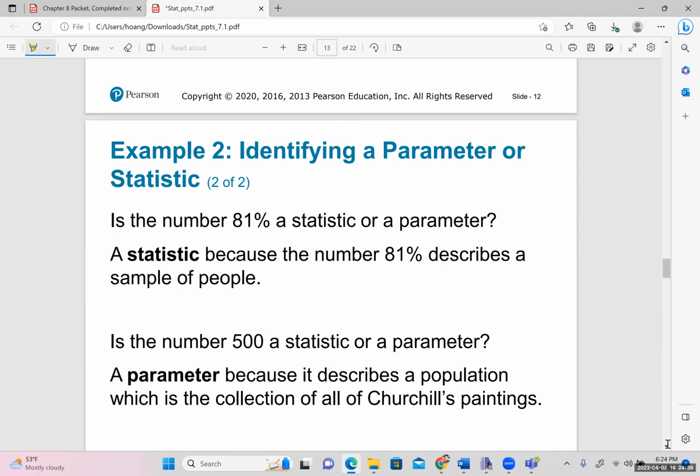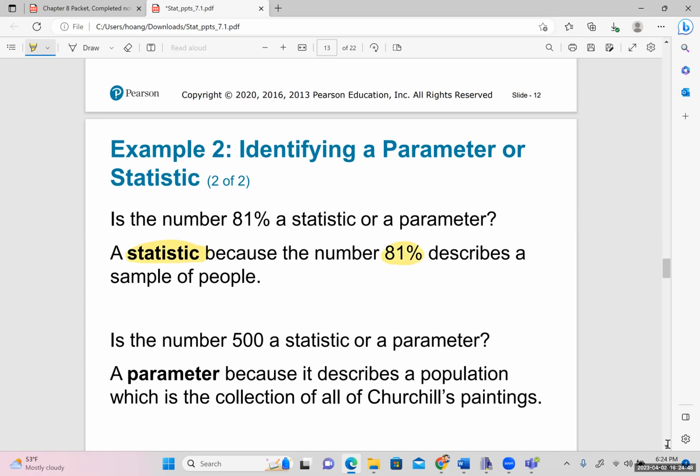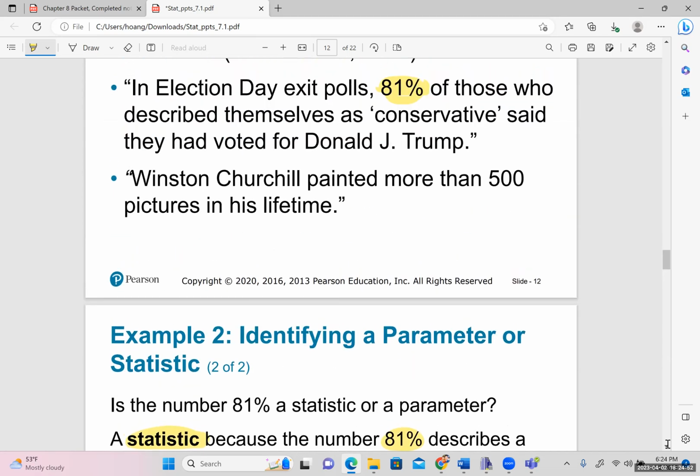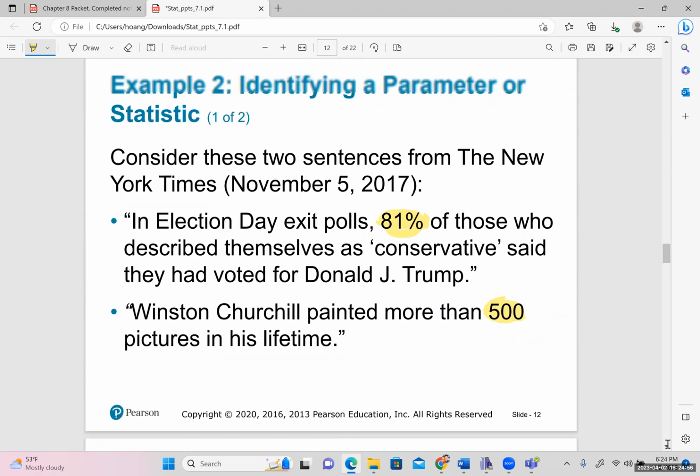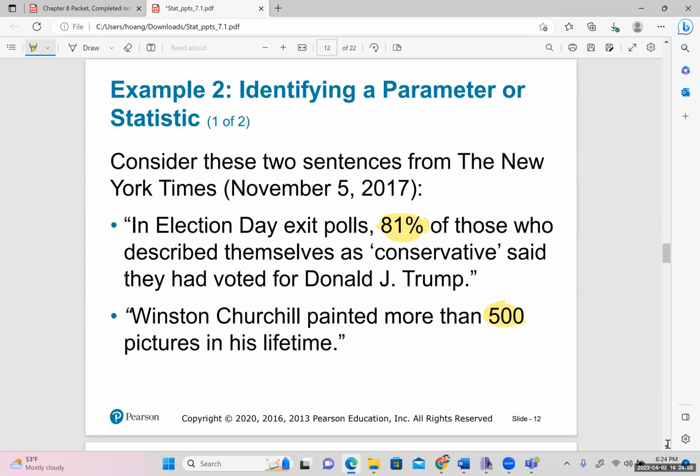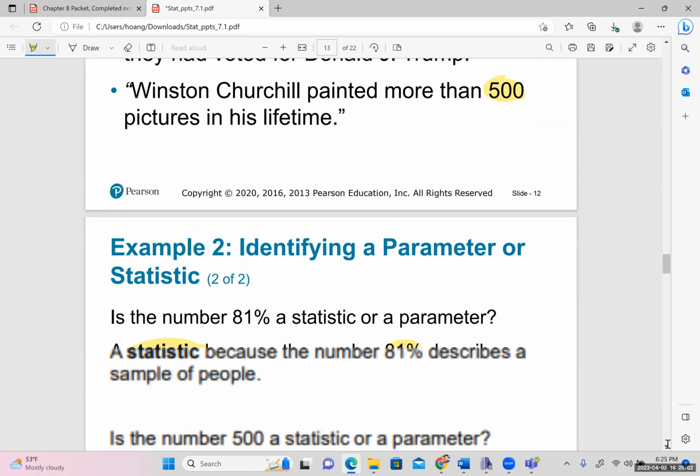Now, is the number in the second sentence a statistic or a parameter?